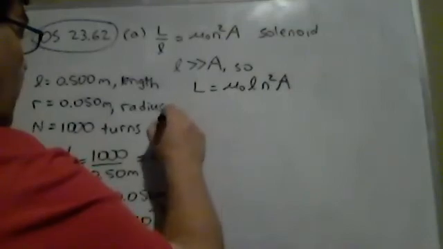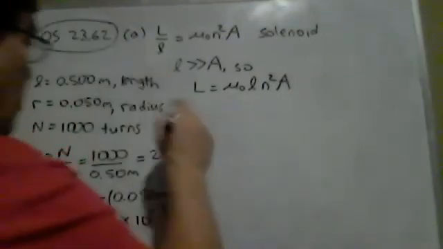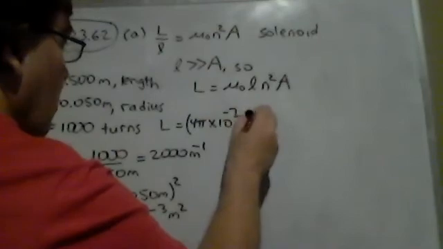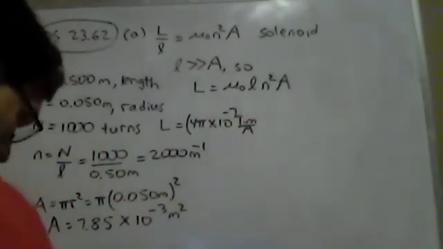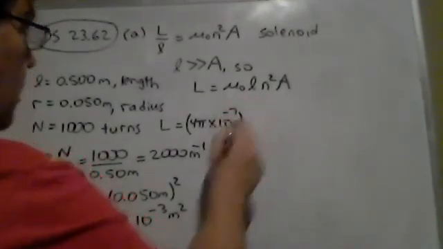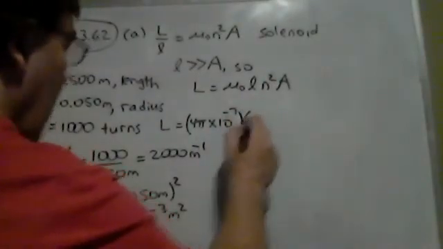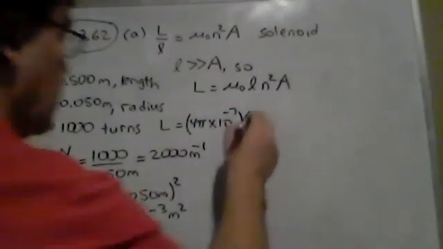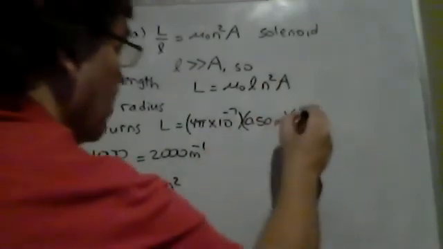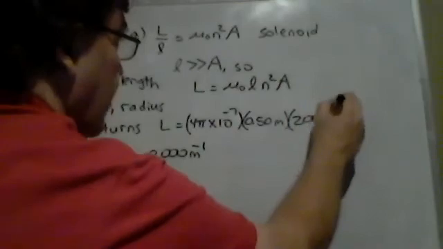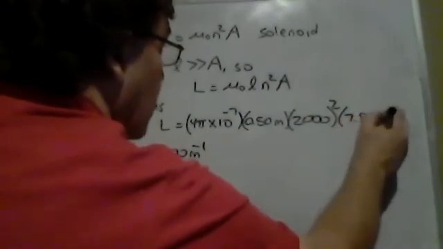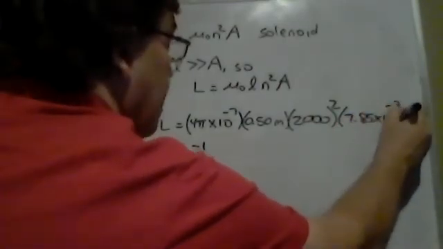So the inductance for this solenoid will be 4 pi times 10 to the negative 7 tesla meter per ampere, over the length 0.50 meters, times N, which is 2,000, but don't forget to square it, times the area, 7.85 times 10 to the negative 3 meters squared.